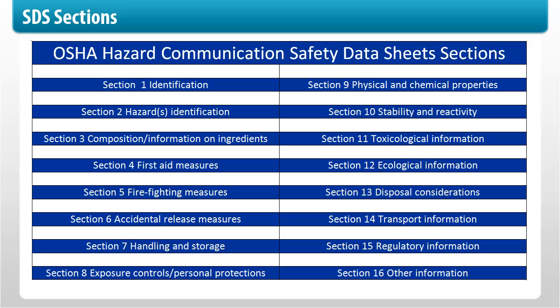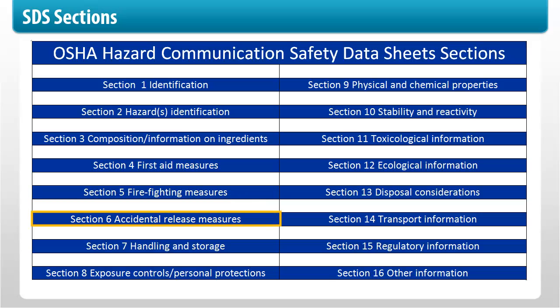GHS establishes a standardized 16-section safety data sheet format with a prescribed sequence of information and consistent section headings. Section 1 is identification. Section 2, hazard identification. Section 3, composition or information on ingredients. Section 4, first aid measures. Section 5, firefighting measures.